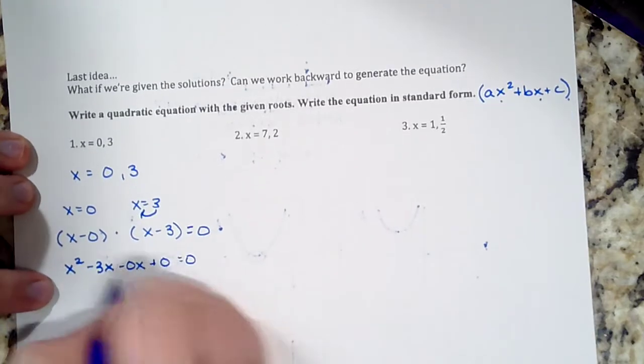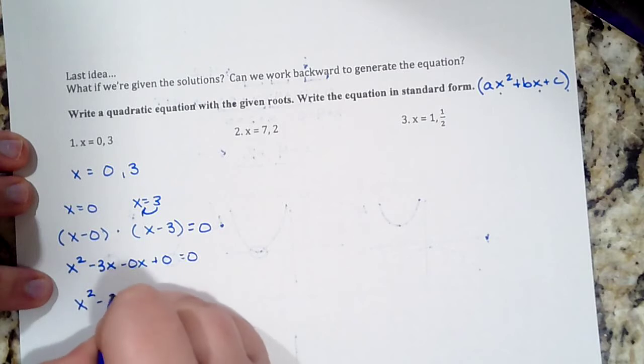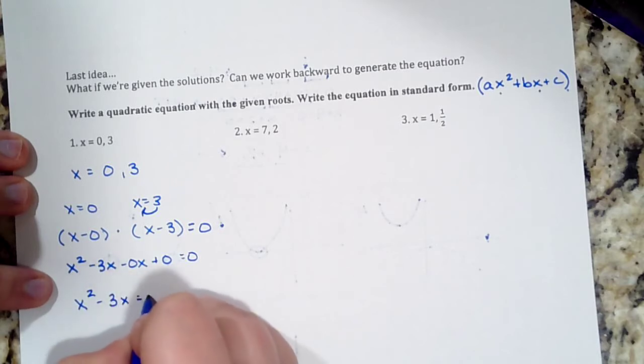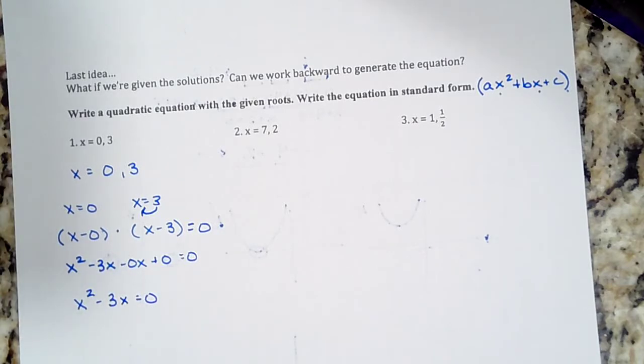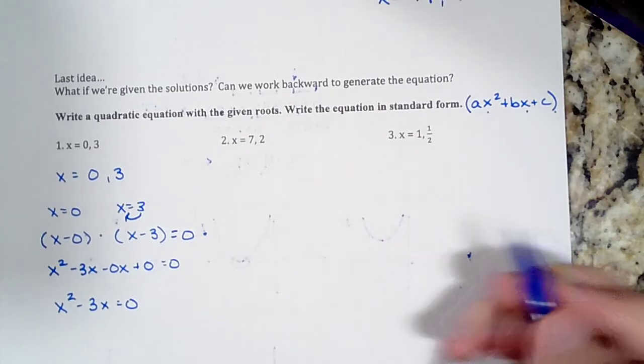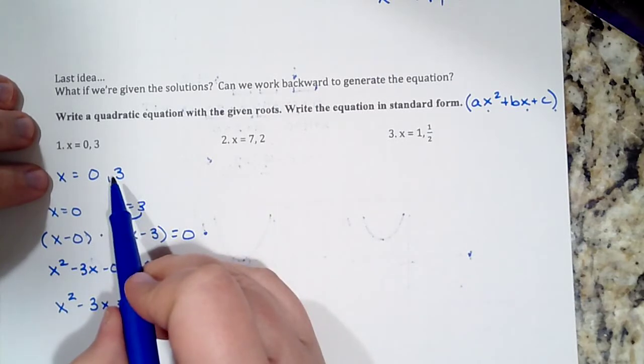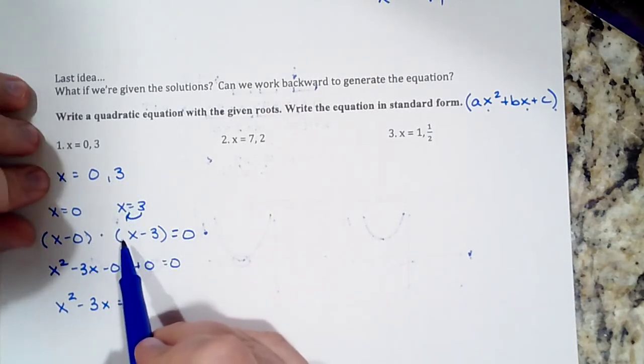Now I simplify, get rid of all the unnecessaries, and I get x squared minus 3x equals 0. Now that was the long way of doing things, but I do want you to understand where these numbers are coming from. The quick shortcut is what happens between the first step I showed you and the third step.